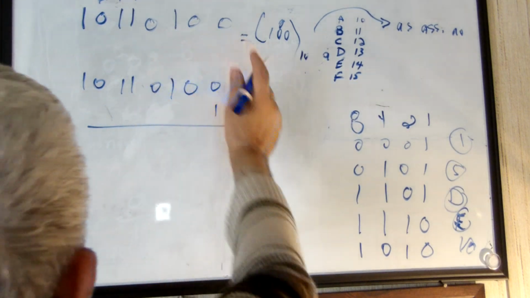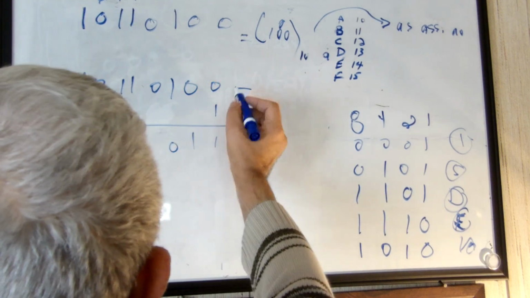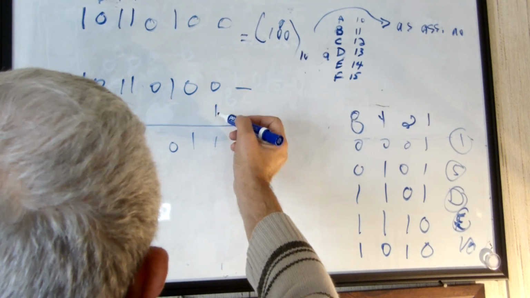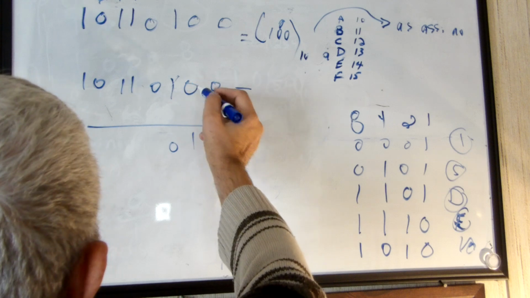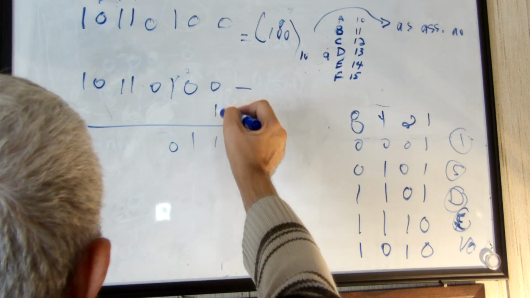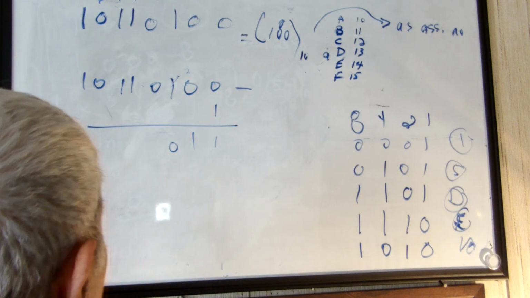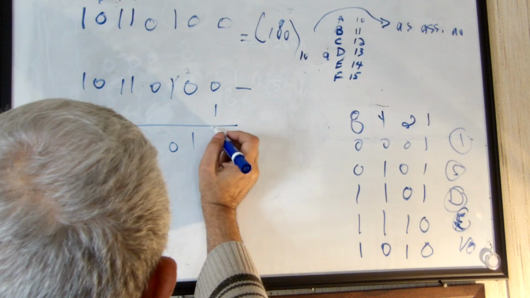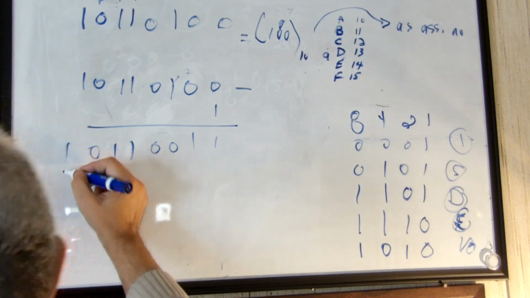It means if you take 1 from 0, you have to borrow 1 from here, eliminate this one, and then 1 here, and then 0 minus 1 is 1 here, and it's going to be like this, okay?